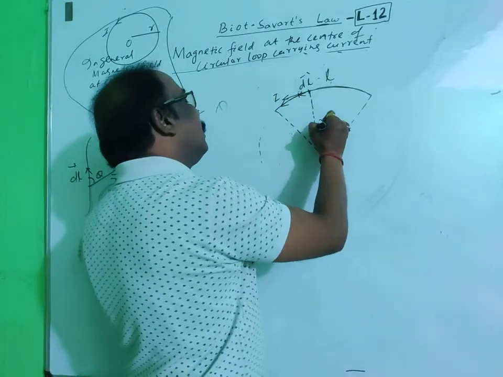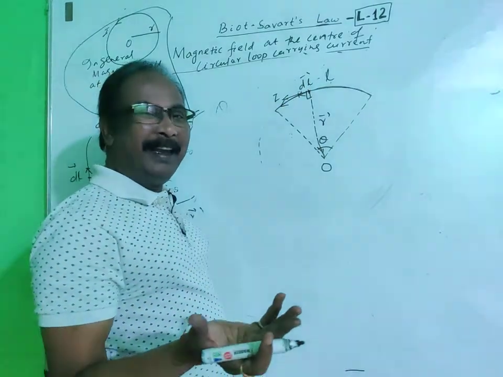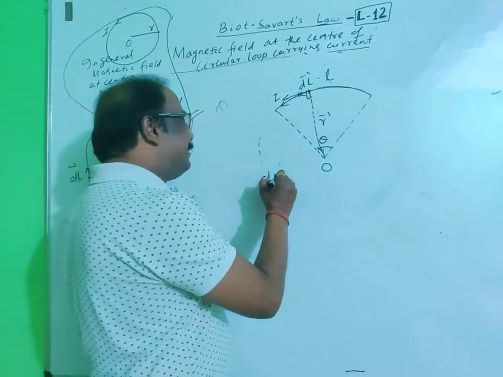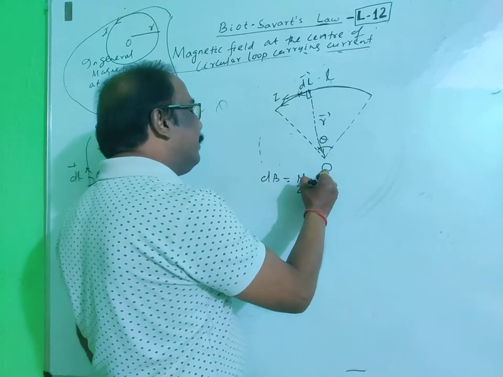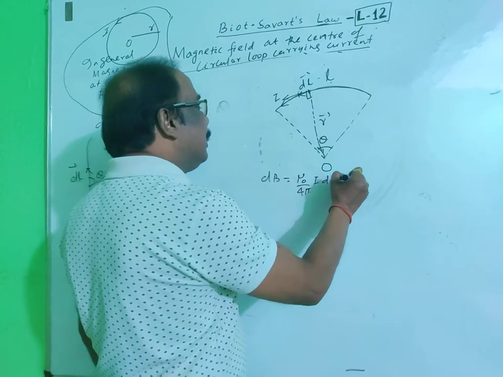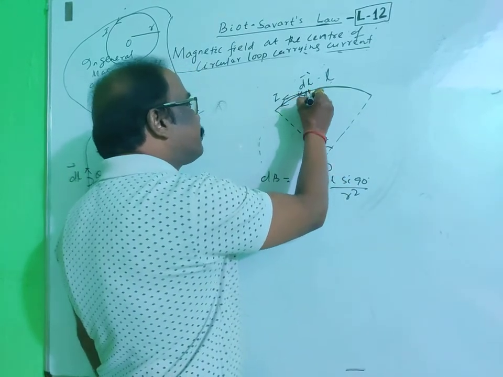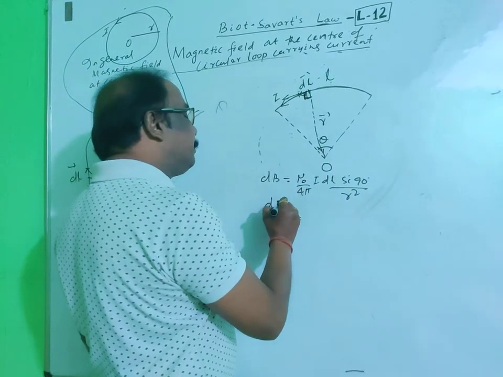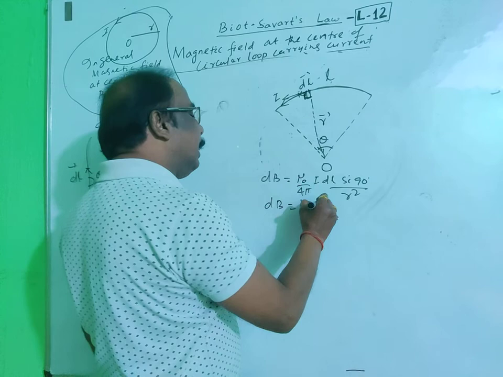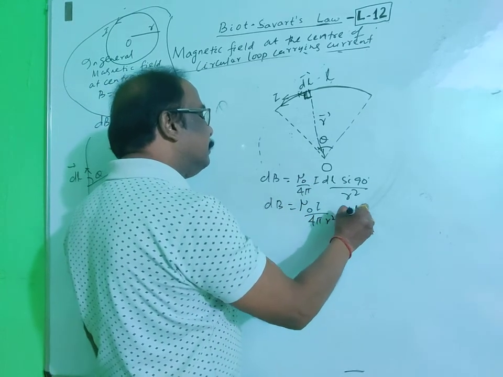This is R. An angle between dl and R is again 90 degree. Then magnetic field dB according to Biot-Savart's law, mu naught by 4 pi I dl sin 90 divided by r square. Here theta is 90. So dB is equal to mu naught I by 4 pi r square into dl.